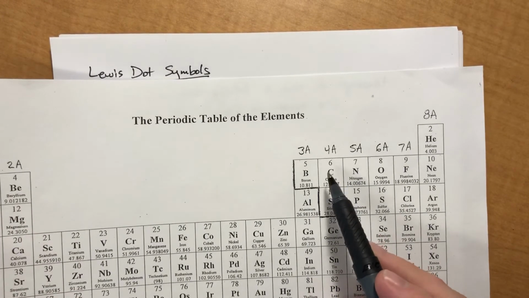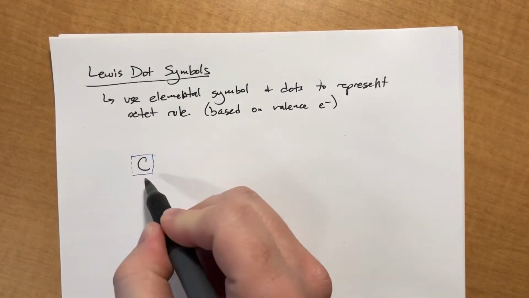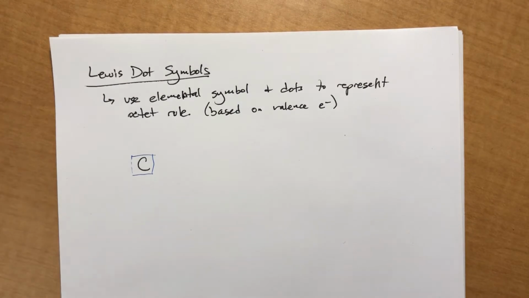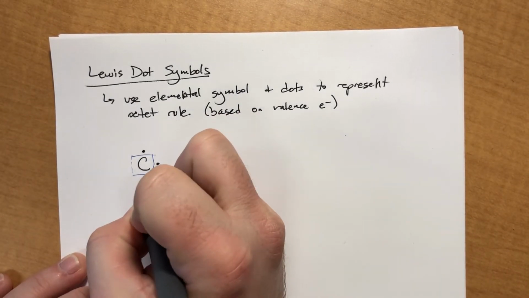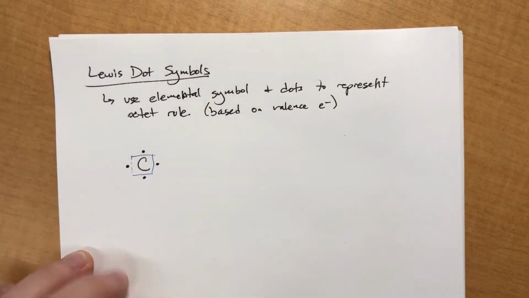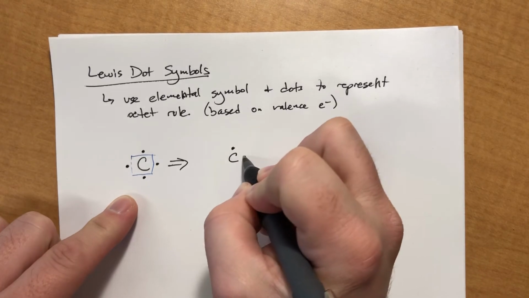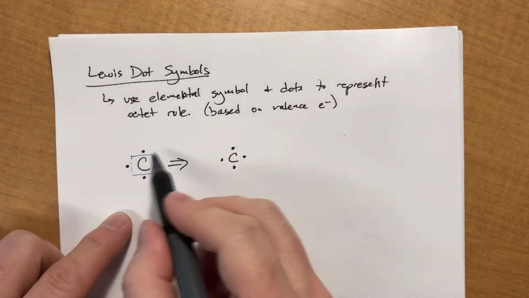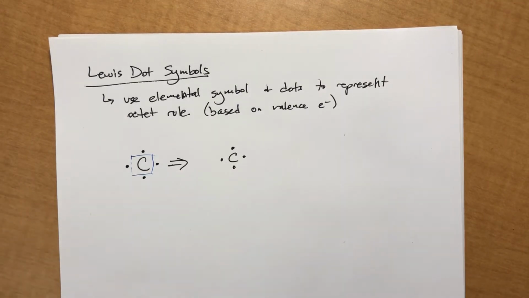So this is in column 4A, so it has 4 valence electrons. And what we're going to do is put a dot on each side until we hit the number we're shooting for. So for carbon, we're shooting for 4. So carbon has 4 dots, so this is what it would look like. This is how we would typically write it. Getting rid of the box now. But you visualize there being 4 sides, and each side gets 1 dot before any gets 2. So this should feel somewhat familiar.